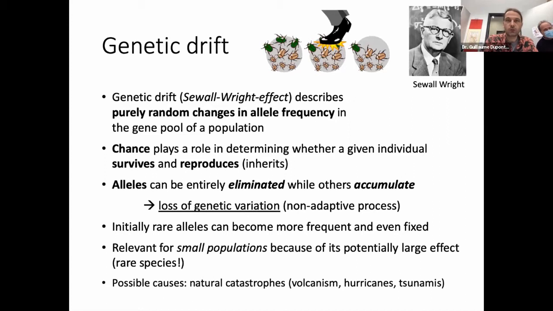For instance, volcanism, hurricanes, tsunamis. Those disasters essentially do not select against better suited or less adapted organisms or individuals. They can wipe out any. And as a result, your population can potentially represent a very different genetic makeup than what it was prior to a catastrophe.